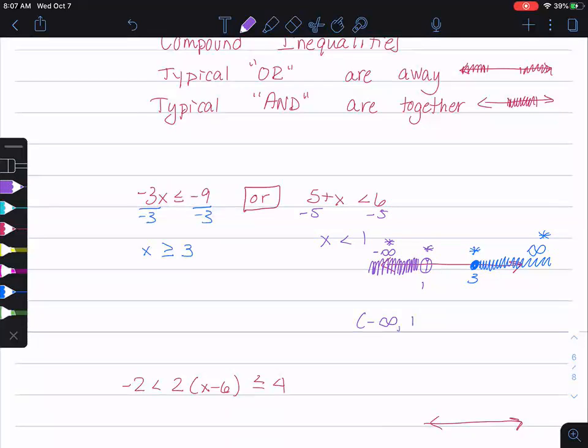So I'm going from negative infinity through 1. 1 is an open circle, so that means I use a parenthesis. Now the symbol in math for also is that U, or union. Then I start up again at 3. It was a closed circle, so I use a bracket, and I am shading all the way through positive infinity.